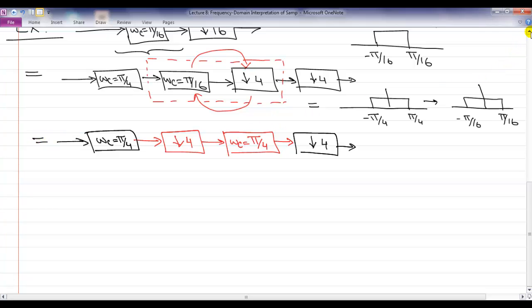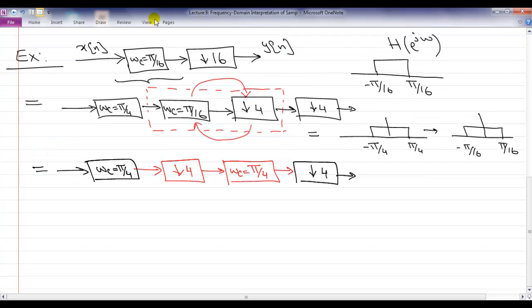Now what is the advantage of this system over the one that I started with? I now have low-pass filters which have a cutoff of just π/4, so they don't have to be that sharp.